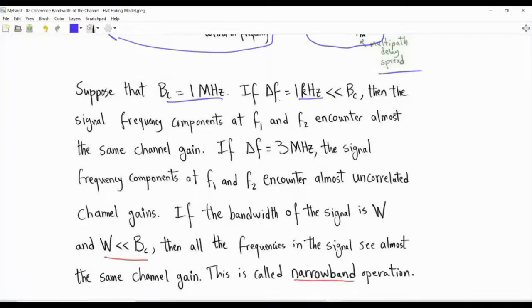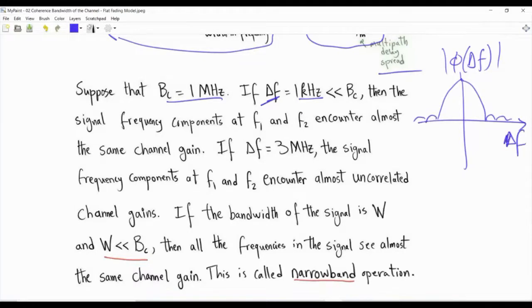Let's draw the magnitude of the spaced-frequency correlation function. It looks something like this, and this is delta f. It has a certain width.